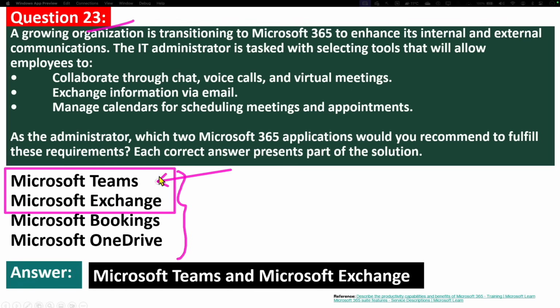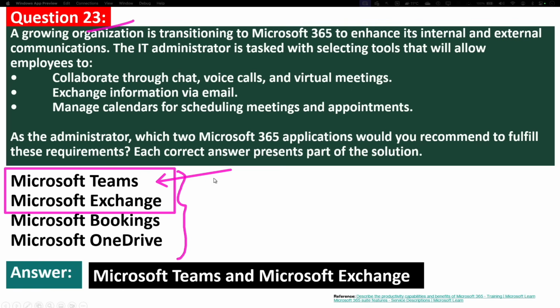First, let's look into what Microsoft Teams is. Microsoft Teams is a collaboration platform that brings together chat, video meetings, file sharing, and app integration all in one place. It's a part of Microsoft 365 and designed to help teams work together efficiently, whether they are in the same office or spread across the world.